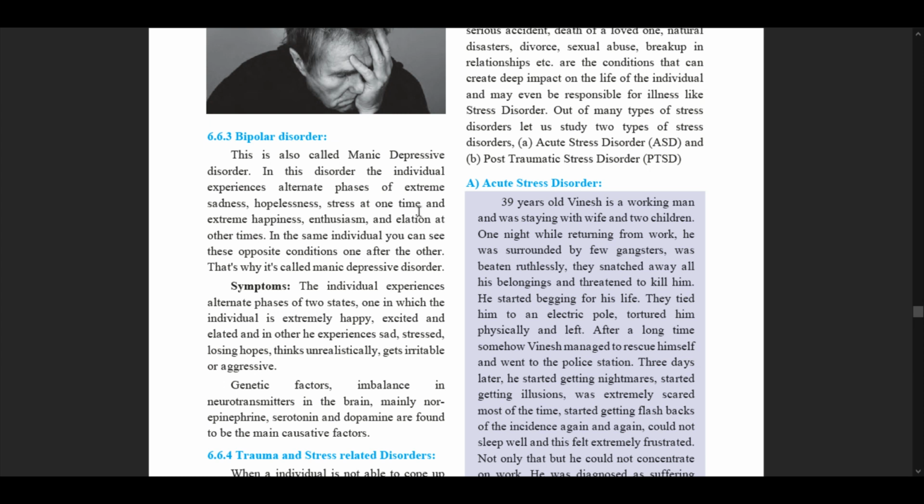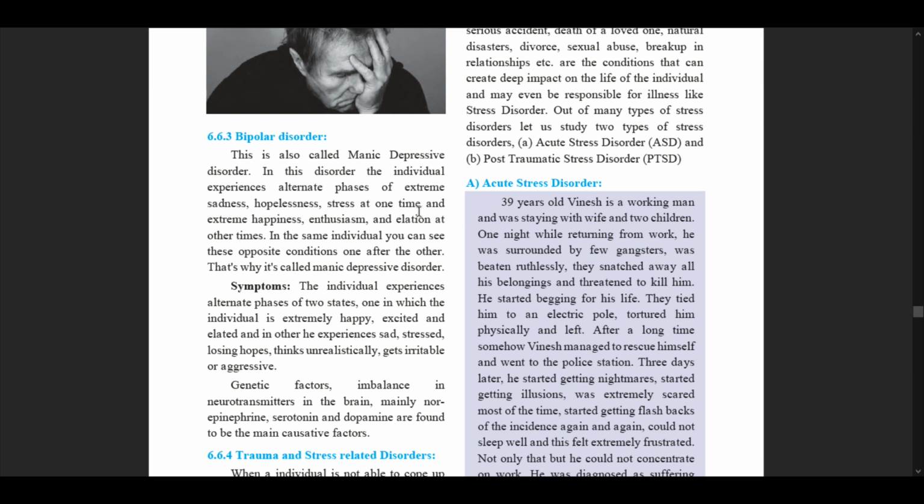Symptoms of these are: the individual experiences alternate phases of two states, one in which the individual is extremely happy, excited, and elated, and in the other, he experiences sadness, stress, losing hope, thinks unrealistically, gets irritable, or aggressive.